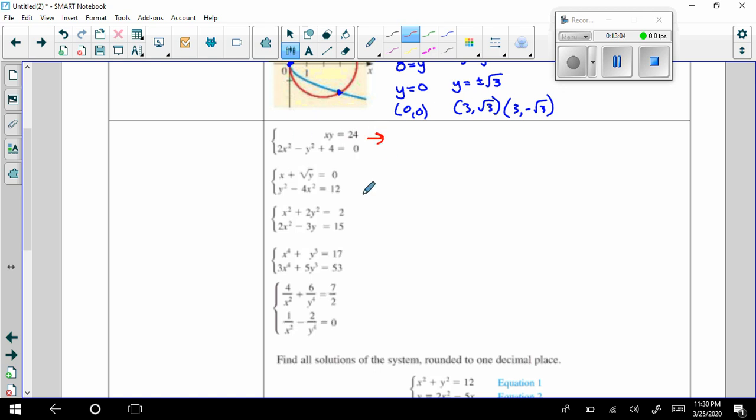Like for this, for example, there's no x or y down here. So you could multiply through by x, or you could square both sides of this to get those to where you can use elimination. But for this one, I would use substitution.